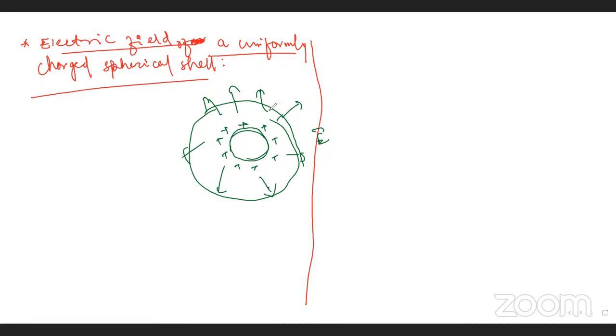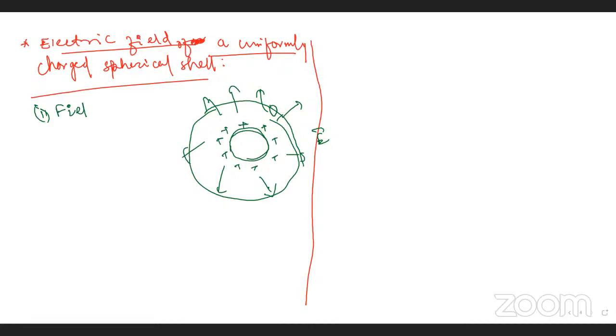Now, what will be the flux linked with the outside one? For the charged spherical cell, we will discuss two cases.